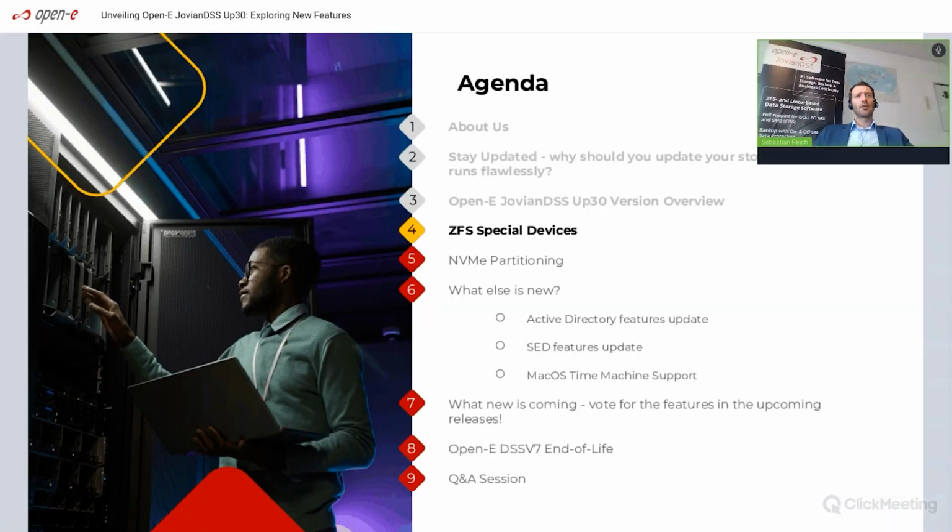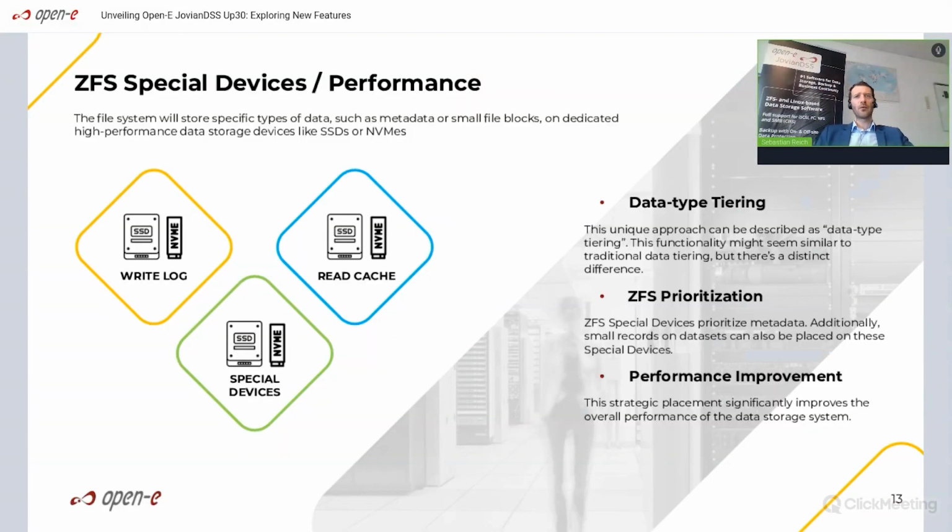But let's come to the ZFS Special Devices in detail. What is it? I'm going to explain it a little bit. First of all, I have to say I'm a sales guy, so I'm not 100% technician. Of course, I have some technical background, so I will try to explain it in a way that everybody can understand. First of all, ZFS, as the name already indicates, is a zettabyte file system.